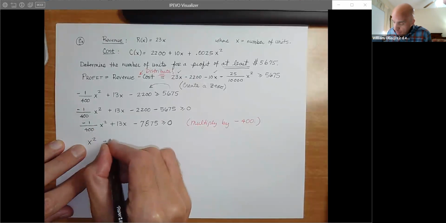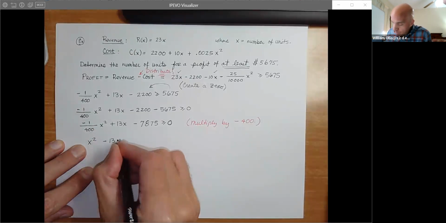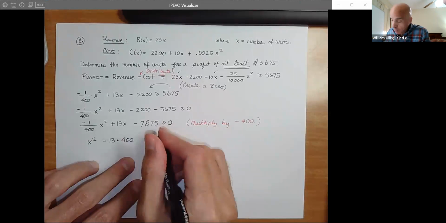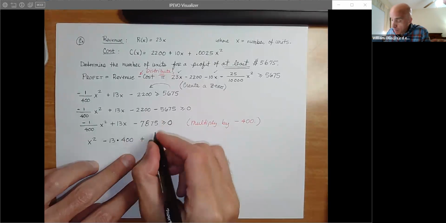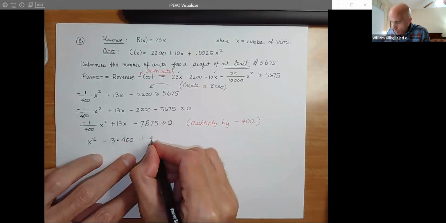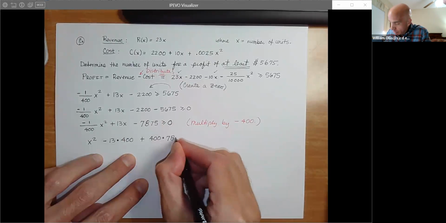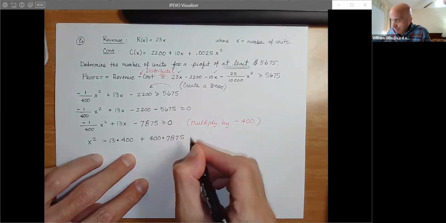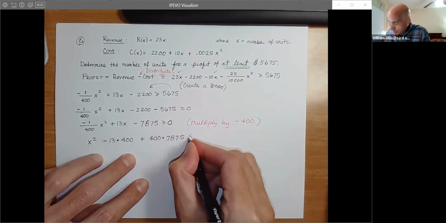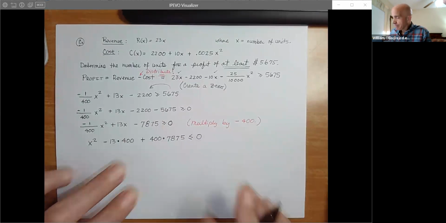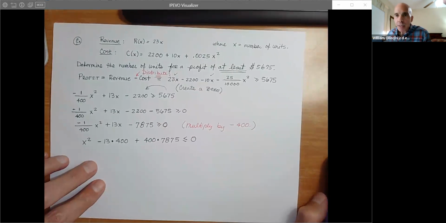And then we have a 13 times a 400. Now, negative negative is a positive, and we do this symbolically. Please, please do not multiply this out. That's not how I have taught you. And then we do this.